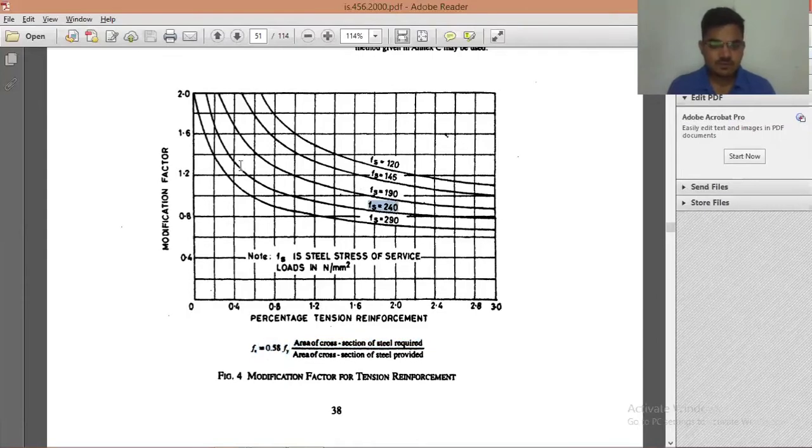So I am considering Pt; practically it is 0.6%, but you can choose 0.4, 0.8, whatever. I am considering 0.6, and by this graph the modification factor corresponding to Fs of 240 is approximately 1.15.